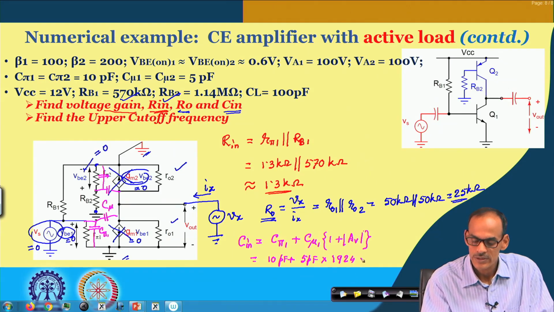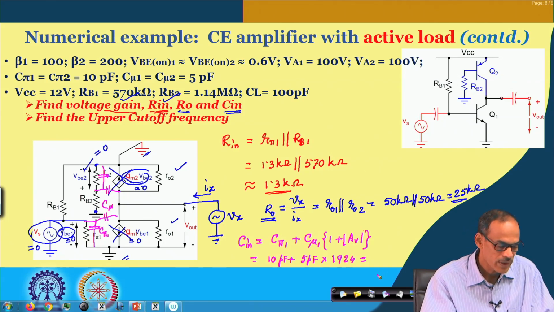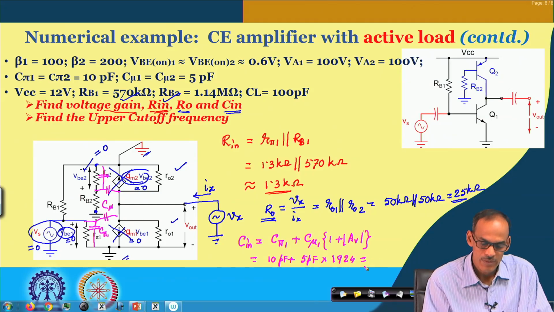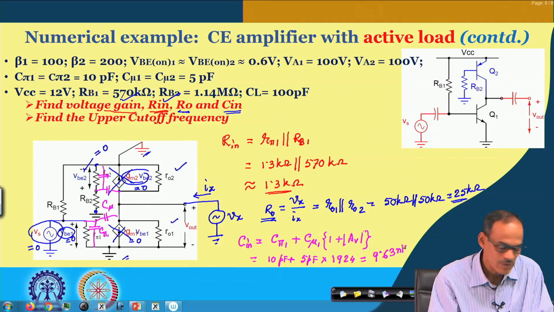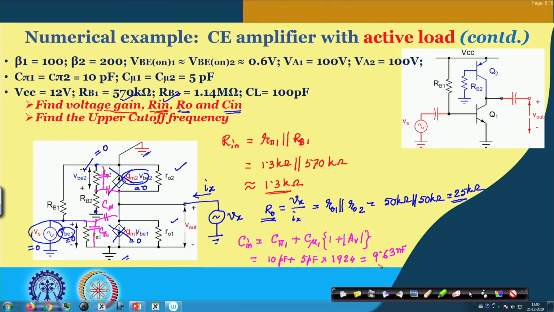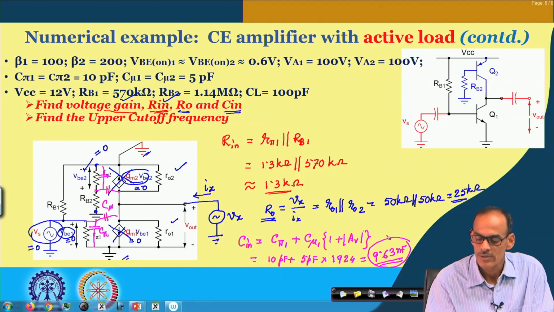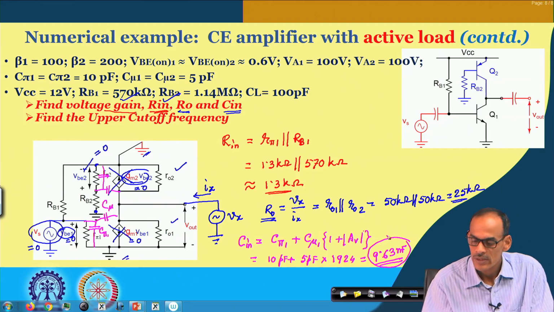In fact, that gives us something close to 10 nanofarad, close to 9.63 nanofarad. I think I have done the calculation, yes. So, this is matching with that. So, this is 9.63 nanofarad.